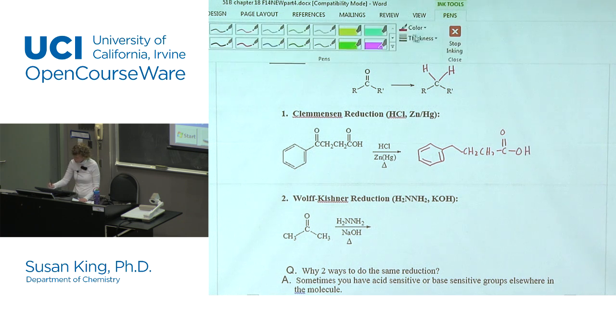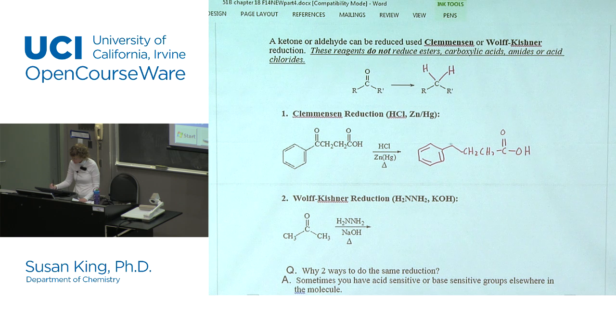Let's write down what we just added: a hydrogen here, carboxylic acid not reduced. So these reagents, Clemmensen or Wolff-Kishner, reduce ketones and aldehydes only.